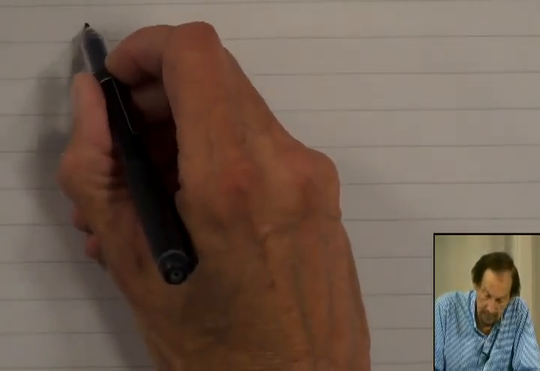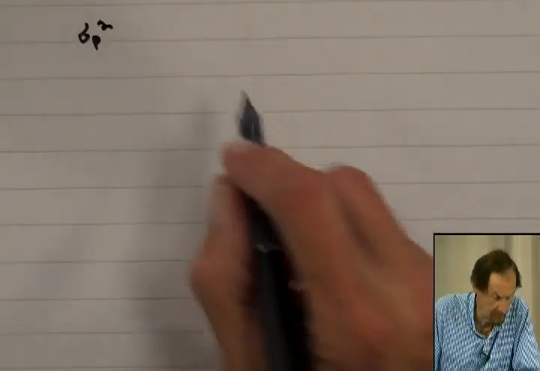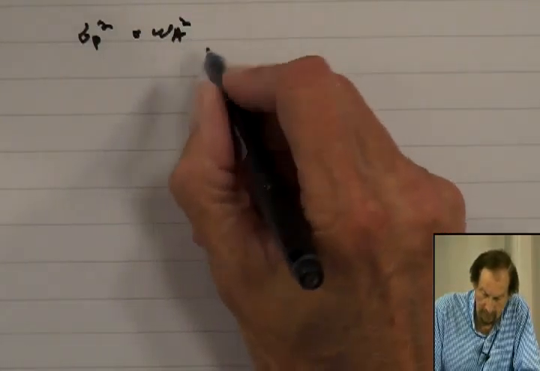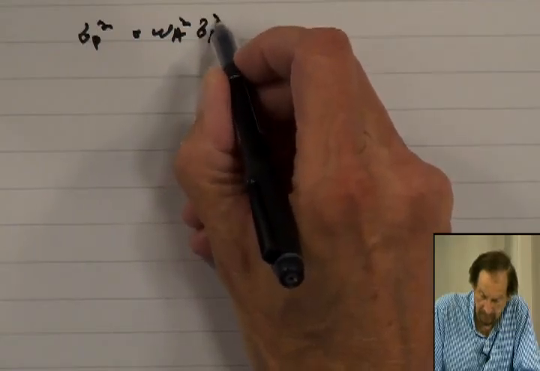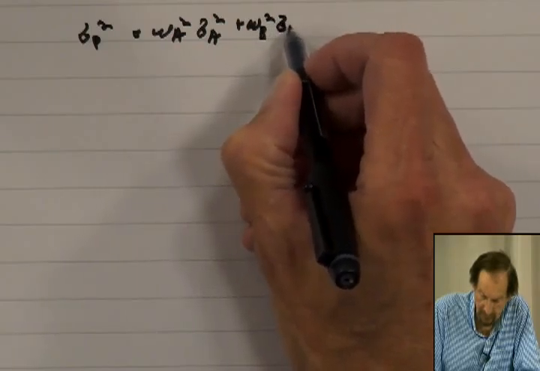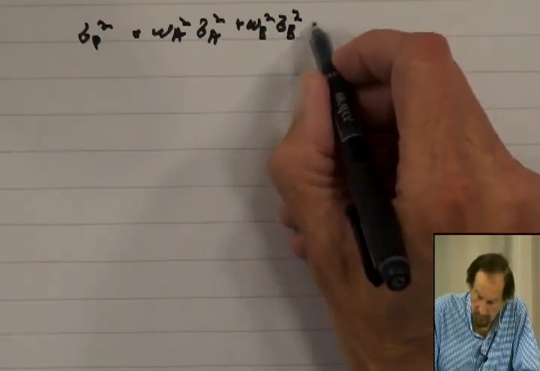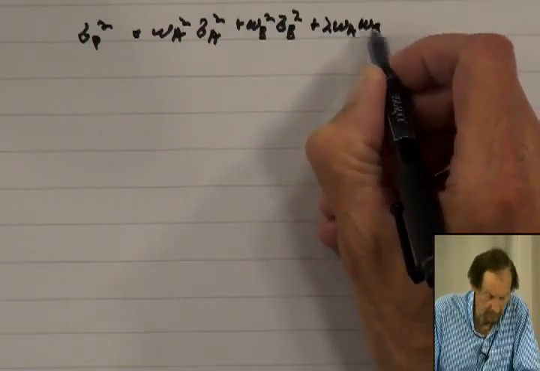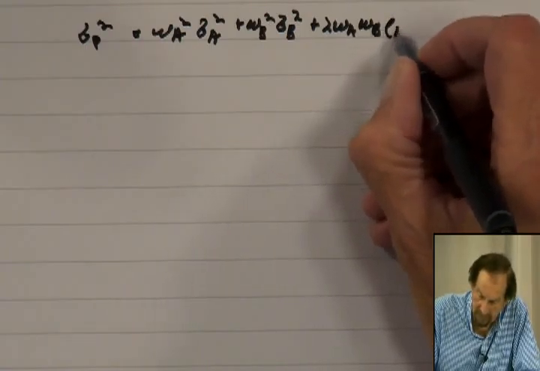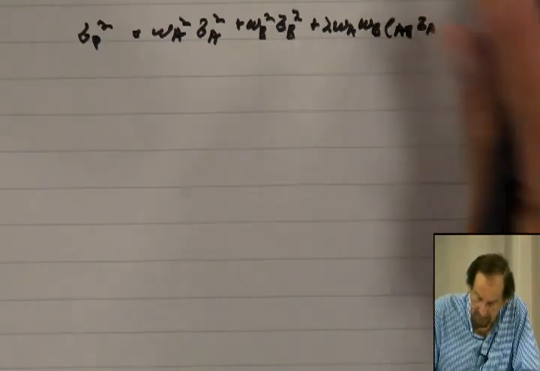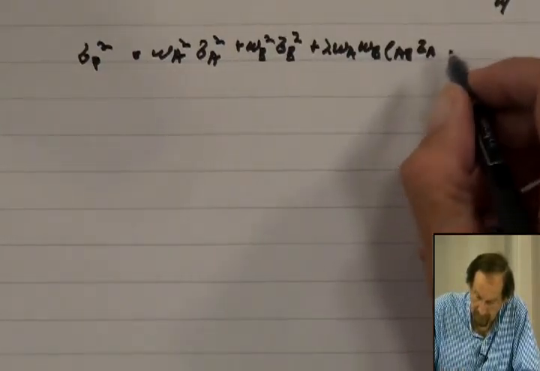Our portfolio variance is the following. Sigma p squared equals WA squared sigma A squared, plus WB squared sigma B squared, plus 2 WA WB rho AB sigma A sigma B. Let me bring this down a little bit.